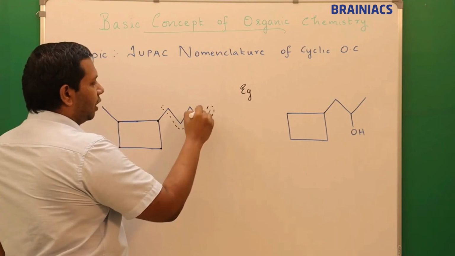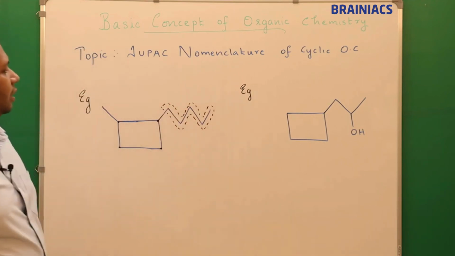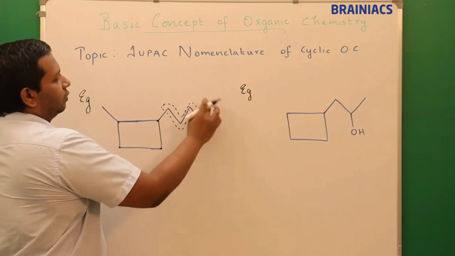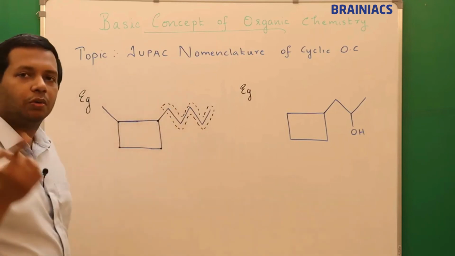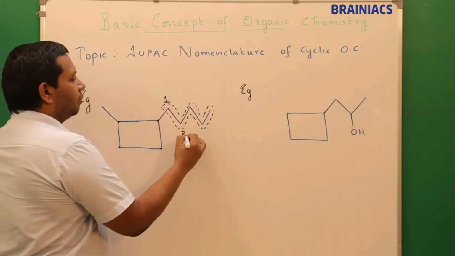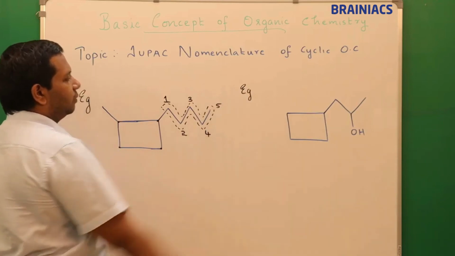Very, very important last rule. Please go through that. So this is my parent carbon chain. There is no other functional group in the parent carbon chain, only a substituent is present, so that should get the lowest priority. So I will give this as number 1 carbon, this is number 2, number 3, number 4, and number 5.